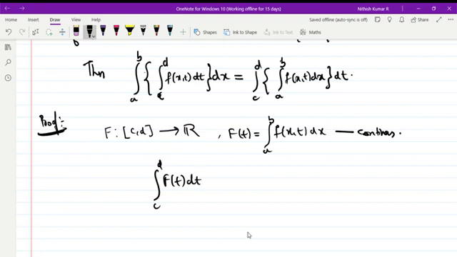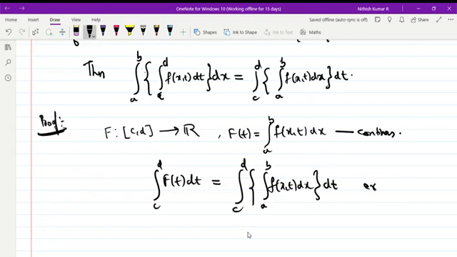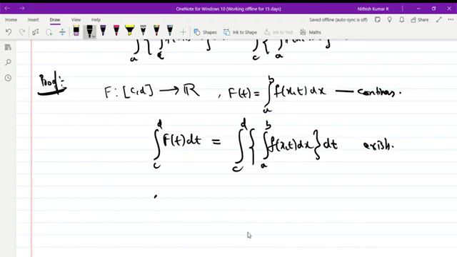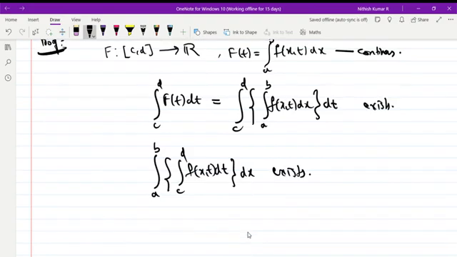Therefore, integral c to d of capital F of t dt, that is integral c to d of integration a to b f of x comma t dx into dt, exists. Similarly, integration a to b of integration c to d f of x comma t dt, into dx, also exists.